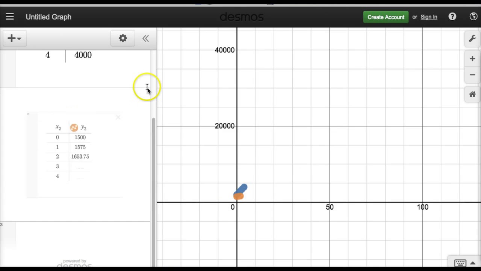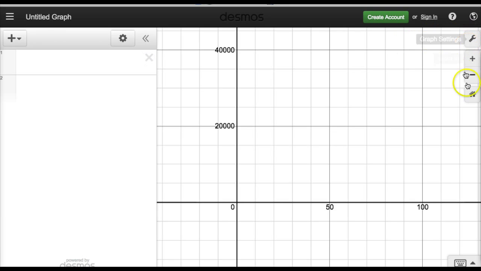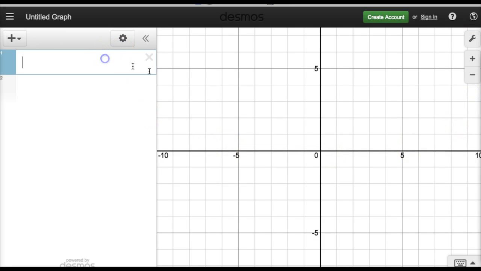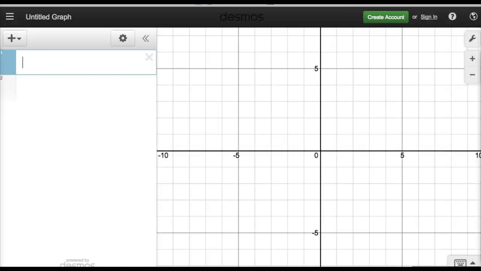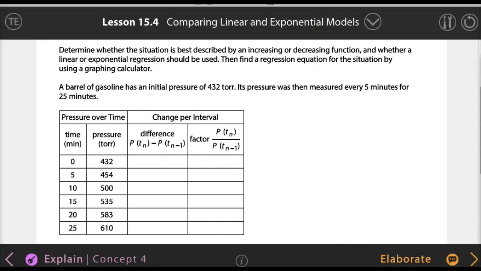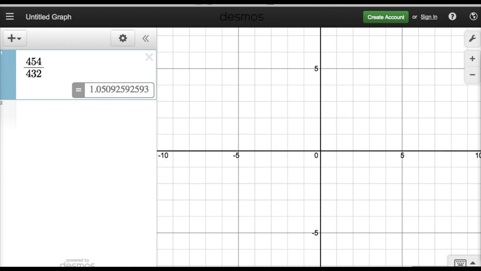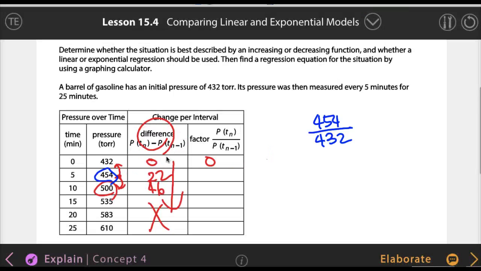So 454 and 432. And that gives me 1.05. Okay, so I'm just going to go back and put 1.05.